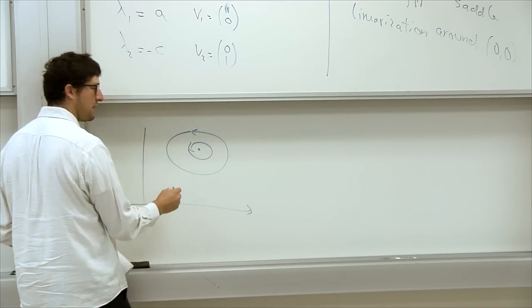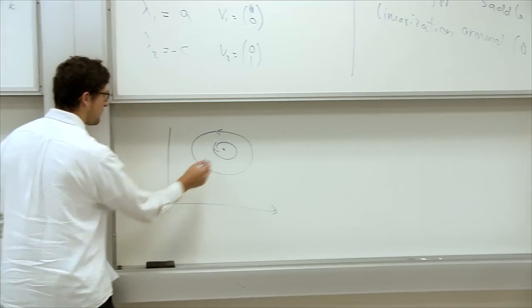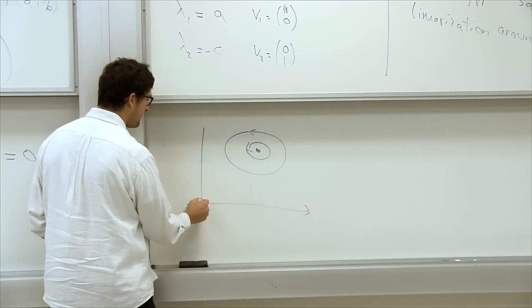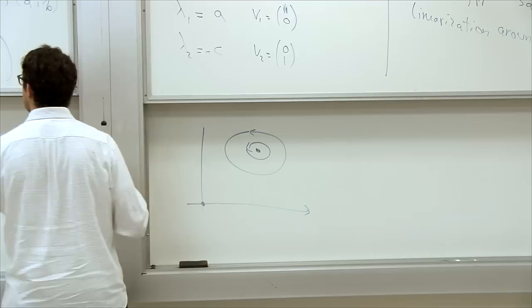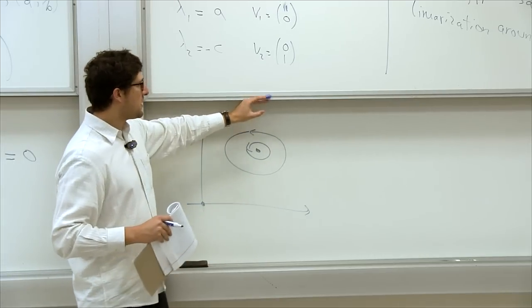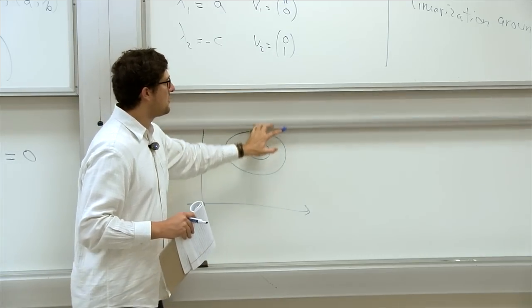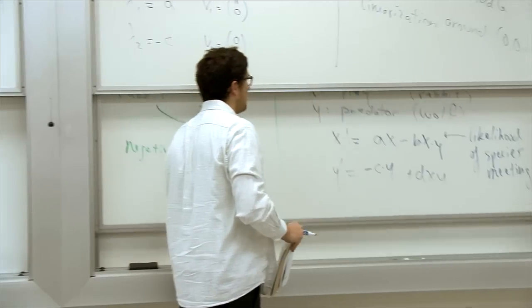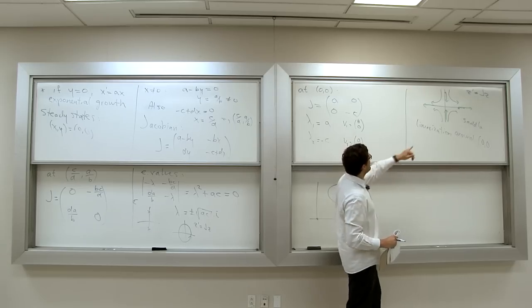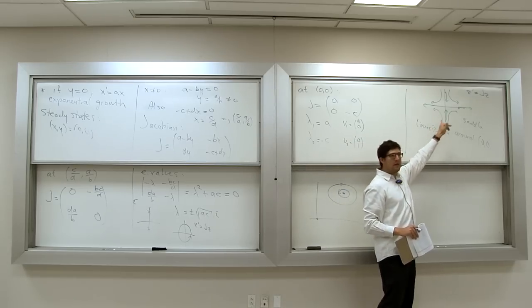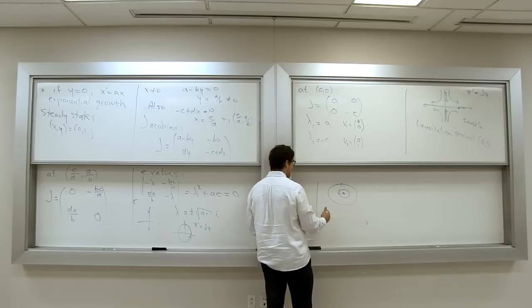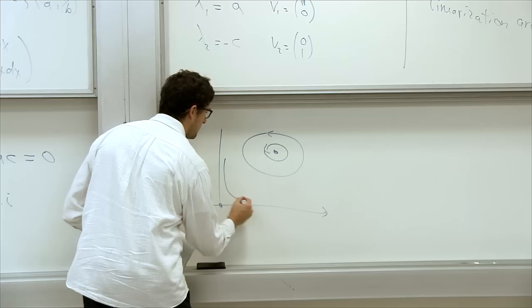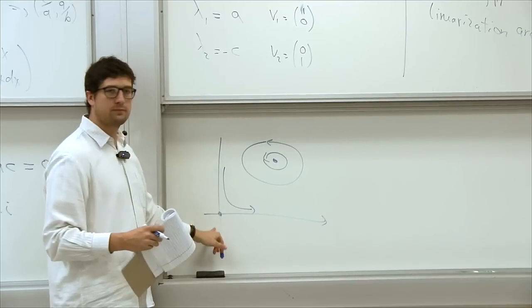So this steady state looks like this, and this steady state over here looks just like the linearization. Whatever that system looks like, that's how the original system looks around the steady state.